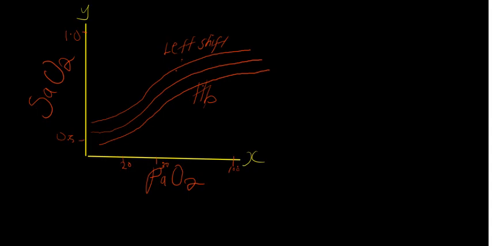So let's start with the left shift. Let's use a different color here. Let's use yellow. So firstly, how is the affinity of hemoglobin to oxygen when you shift this curve to the left?